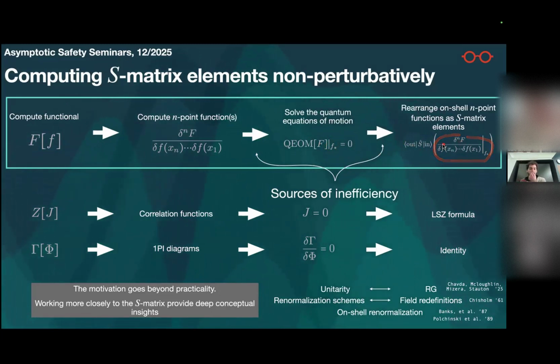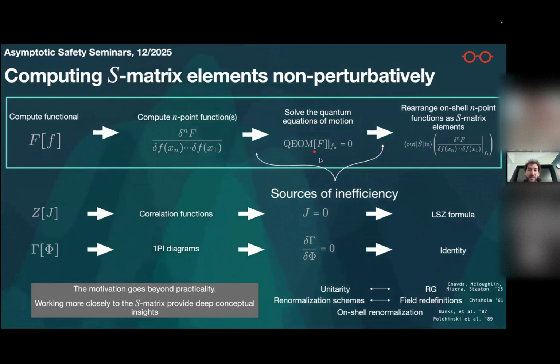Okay? So something that I want to communicate in this slide is that these two steps are some sources of inefficiency. In particular, it might be the case that my quantum equations of motion are non-trivial. And it might also be the case that this functional dependence of the S-matrix elements on the correlators is non-trivial. So let me show you two basic examples of this sort of inefficiency in these two steps.